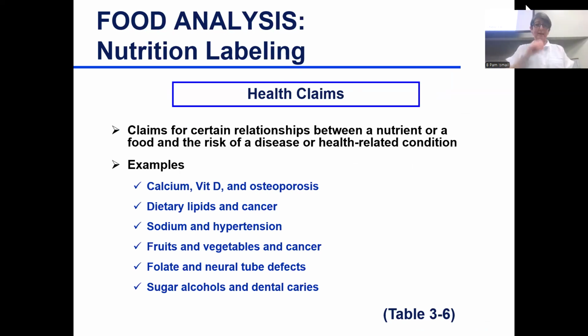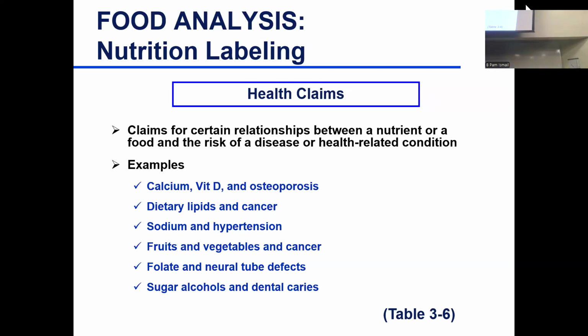Health claims, like I said, are specific to a condition, a physiological condition. That was the word I was looking for, the physiological condition. Okay, so these are examples. There are many out there. And in order for us to have an approved health claim, it takes a lot of human studies and trials.